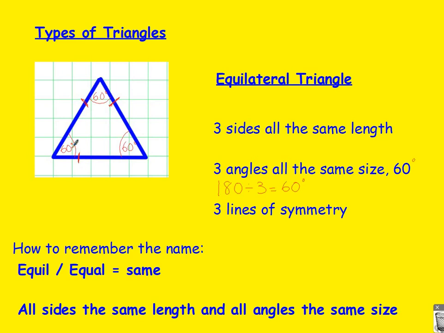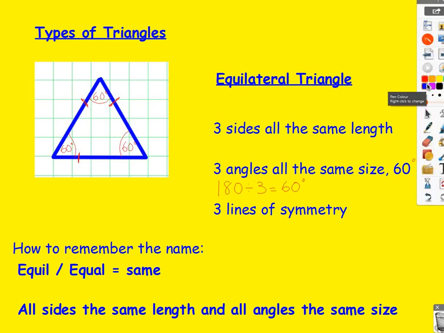Now, there are lines of symmetry on an equilateral triangle. We mark the lines of symmetry with a dotted line. So there is a line of symmetry from every corner point to the opposite side. So there's a line of symmetry down the middle of the shape.